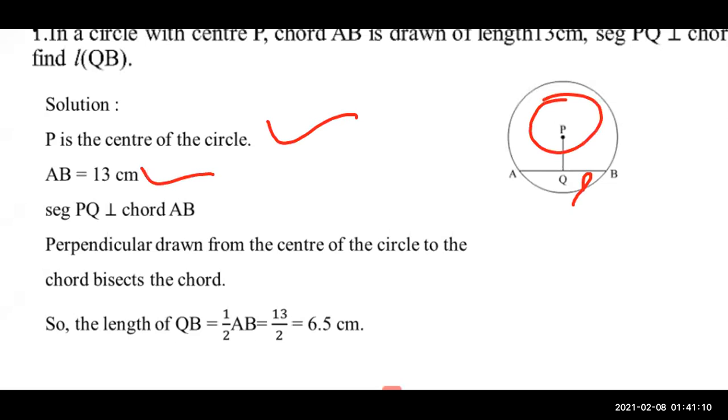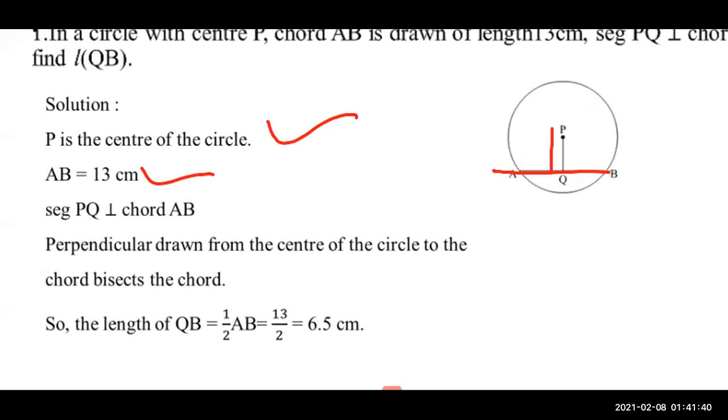Next, it is also given that PQ is perpendicular to chord AB. Now here we are going to use the property that the perpendicular drawn from the center of the circle to the chord bisects the chord. This is the property we have to use for this sum.